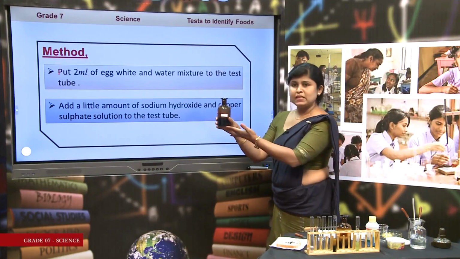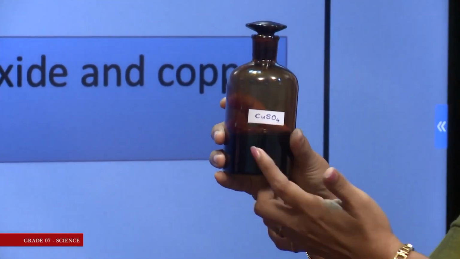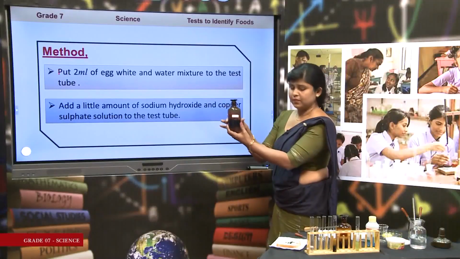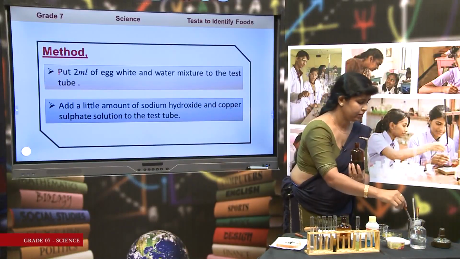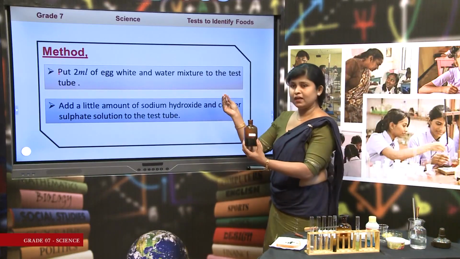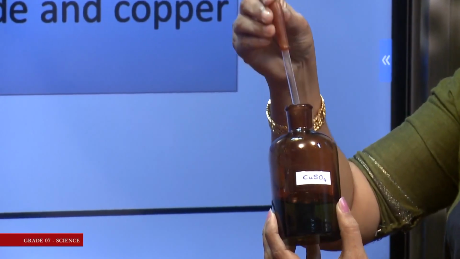Right, this is copper sulphate solution, right. It is indicated as copper sulphate here, copper sulphate. Right. Using another dropper, I am taking a little amount of copper sulphate.